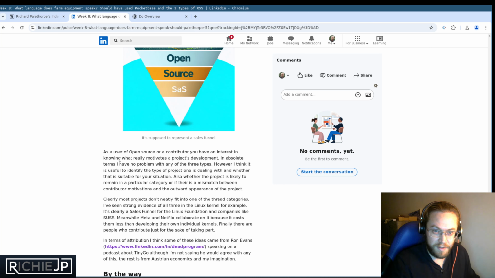As a user of open source or a contributor, you have an interest in knowing what really motivates a project's development. In absolute terms, I have no problem with any of the three types. I really don't. I don't even mind source available. I certainly don't mind secret source.